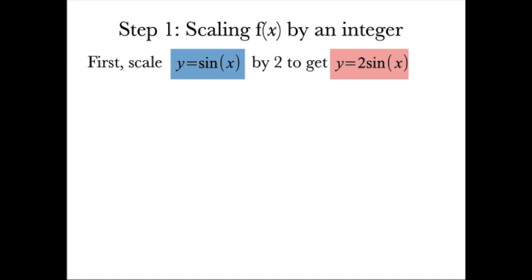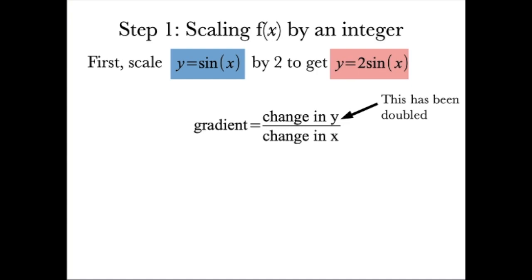So let's recap what we saw there. We took the graph y equals sine x, we scaled it, we multiplied by 2 to get y equals 2 sine x, and that caused the gradient to change. Because we were multiplying the function by 2, we caused the change in y to double. And as we cause the change in y to double, if you follow through the gradient formula, you see that the gradient at each point is double what it was before.